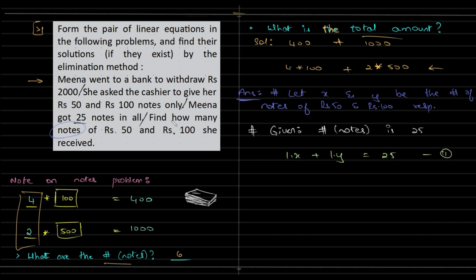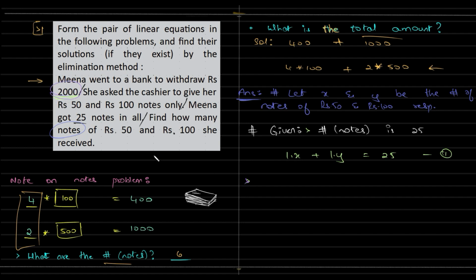Then we are looking at the total amount being 2000. And what else are they talking about? They're talking about 50 and 100 notes. So where will the second equation come from? The second equation will come from 2000.